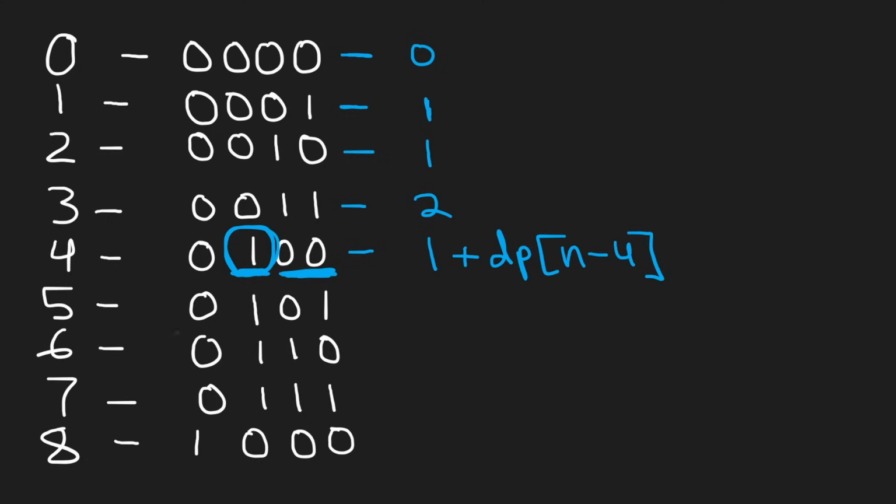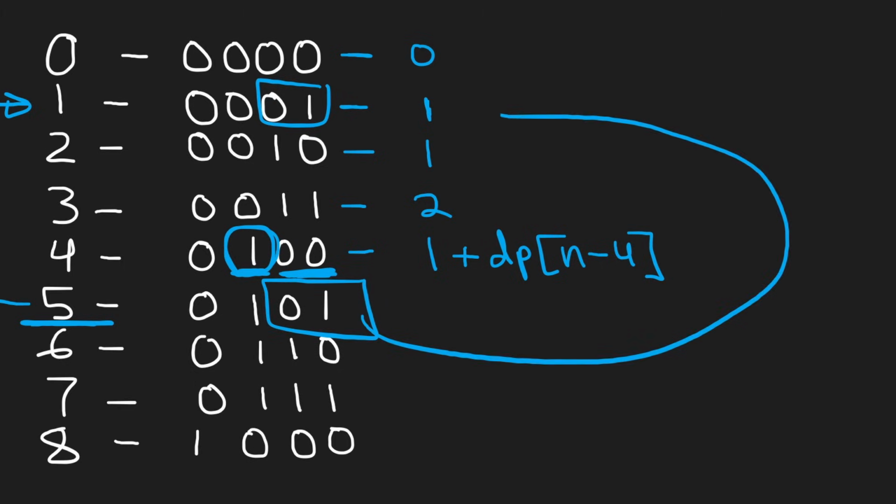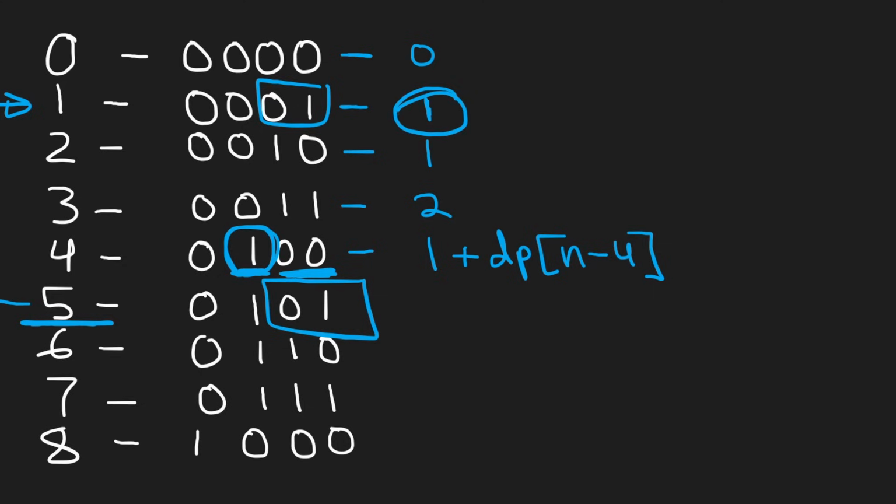And actually, when you look at this 5, we're also offsetting it by 4 to get these 2. Because that's what's going to match up with this, which is going to tell us how many 1s are going to go here. And clearly we see that that's a 1. So here we're going to compute 1 plus, again, DP of n minus 4.